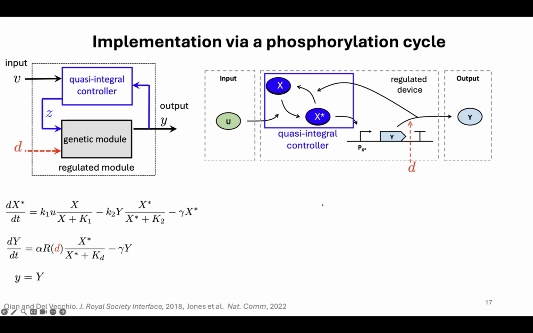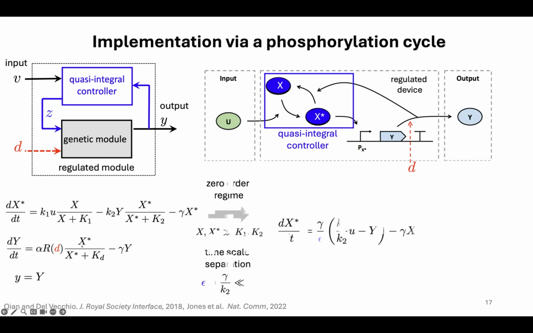If you write the differential equation for this system, using the standard Michaelis-Menten functions for phosphorylation and dephosphorylation, and then protein expression, and you assume first that you can make your phosphorylation cycle work in the so-called zero-order regime, where the substrates are exceeding the Michaelis-Menten constant so that these terms are saturated, and you have timescale separation, so you have this parameter epsilon that is very small.